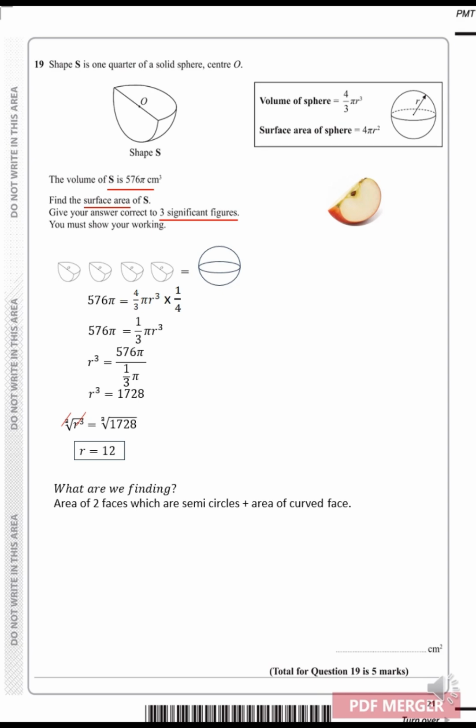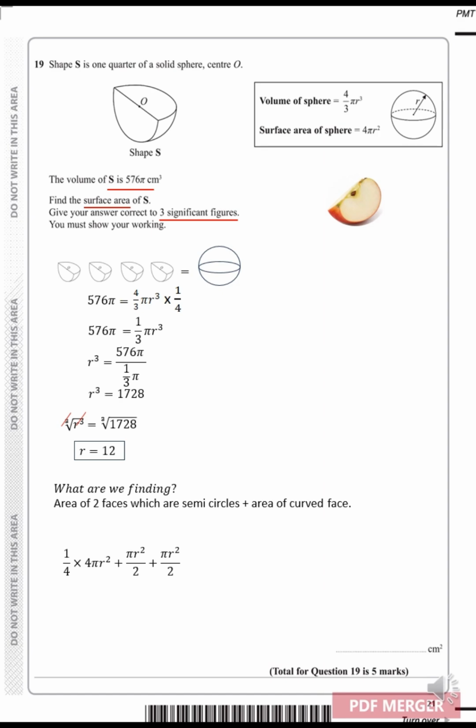That's the formula already given to us. Also, we know that shape S is 1/4 of a solid sphere. So, a quarter multiplied by 4πr², plus the area of the semicircles. Remember, the area of a circle is πr². A semicircle is half of a circle, so πr² divided by 2.